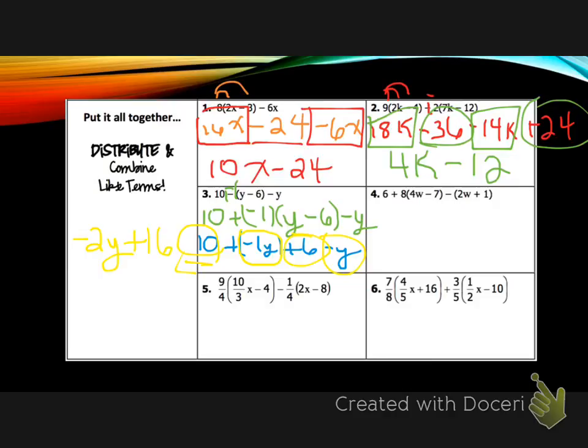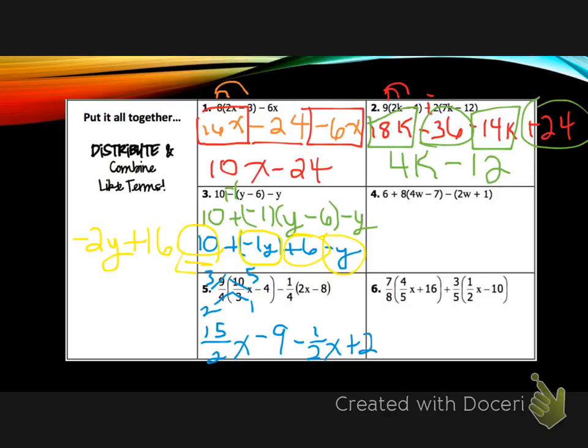9 to the 4th over 10 thirds. Let's see, let's simplify. So we've got 15 halves x minus, if you take 9/4 times 4, you're going to get a 9, minus 1/2 x plus 2.